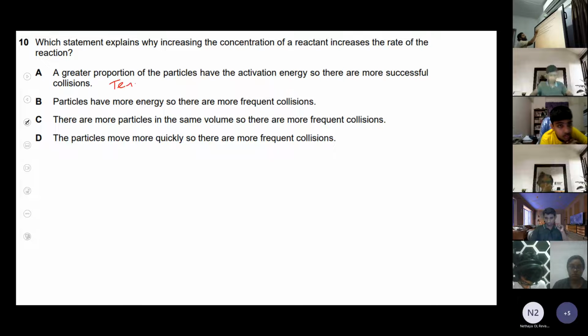Temperature will increase the proportion of particles that have the activation energy. Okay, particles have more energy. No. Particles don't get more energy when the concentration is high. There are more particles in the same volume, so there are more frequent collisions. Easy. Great. Think about the lesson, right?